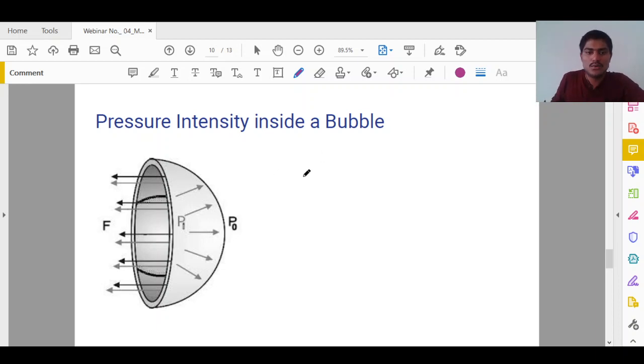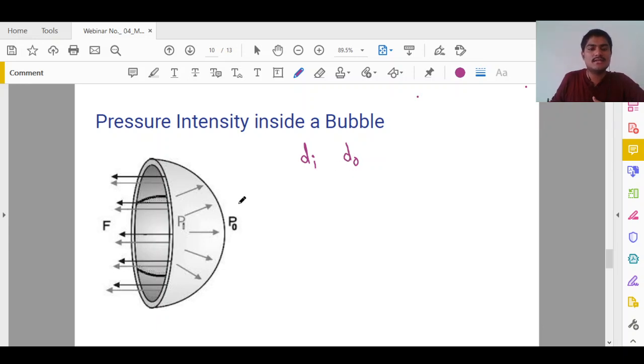Let di be the diameter of the inner film, and do the diameter of the outer film.